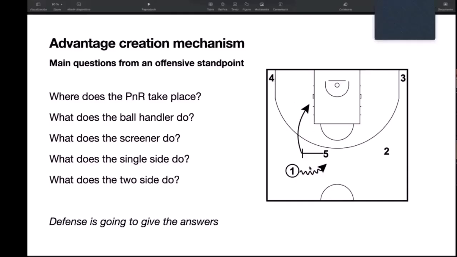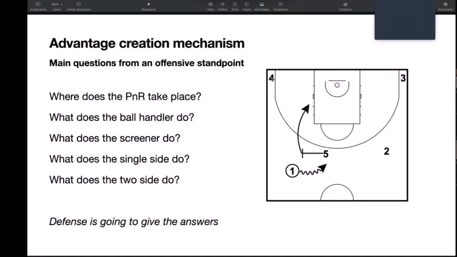But if we are talking about turning the corner and getting behind with the roller, definitely we want to split this defender again and make him make a tough decision. If he helps on the roll, then we will have him open behind the screen. If he's not committing to the roll, by turning the corner we can deliver that lob pass, for example, to the roller.